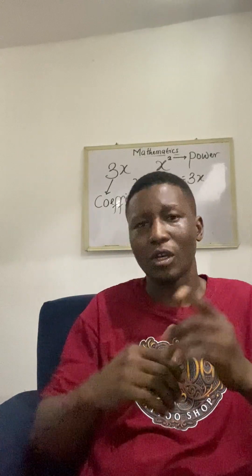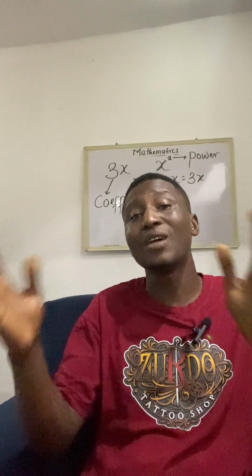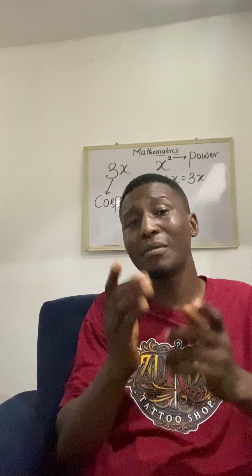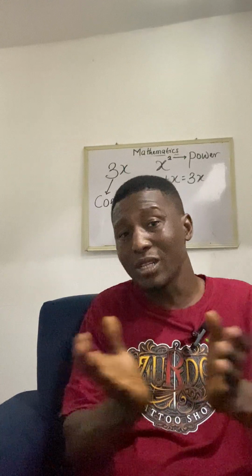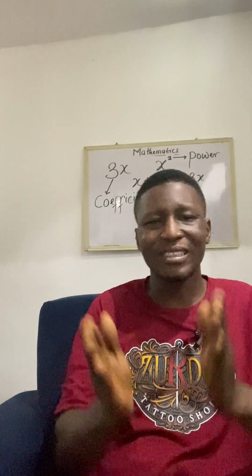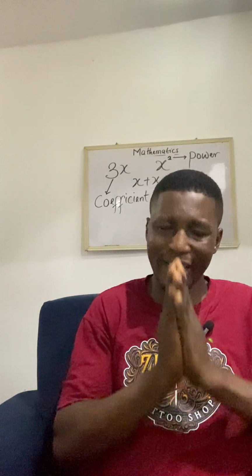So take note, multiplication of the same letter brings about a power, while addition of the same letter of the same degrees brings about a coefficient. So when we add the same letter of the same degree, we are going to get a coefficient.